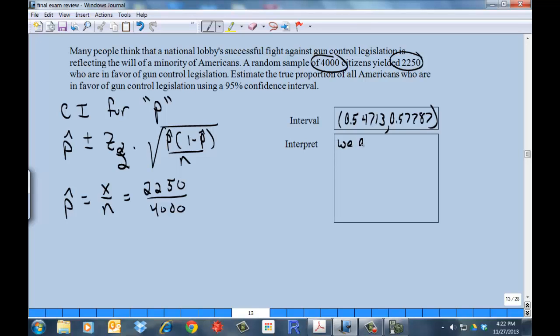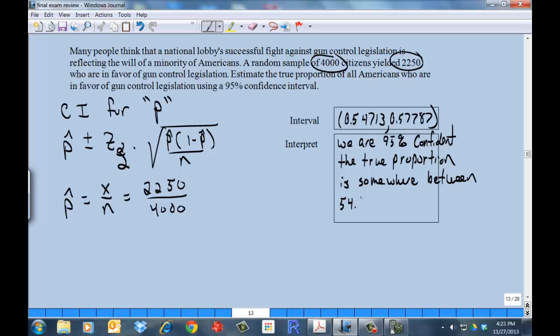We are 95% confident the true proportion is somewhere between, and I'll just round here to 3 decimal places, 54.7% and 57.3%.